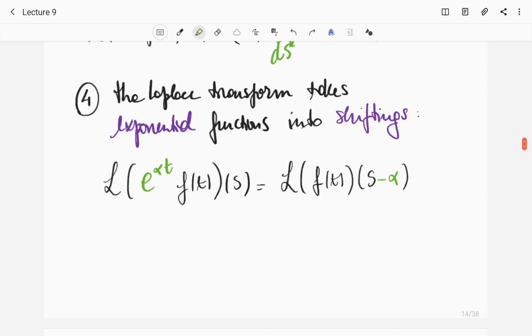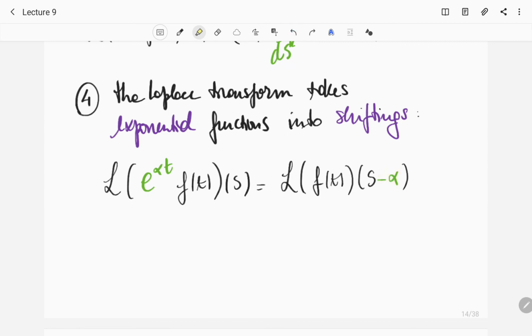The Laplace transform takes exponential functions into shiftings, which means we have the Laplace transform of a function times an exponential, and what this exponential does is just shift the parameter s. Again, this can be proved just using the definition of the Laplace transform.